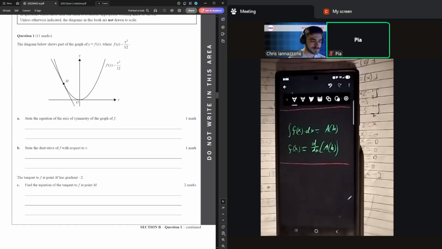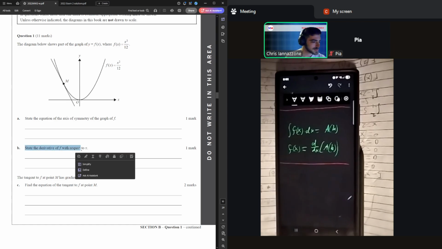Would it just be 0? Yeah, but I would say make sure you say x equals 0. That's the more accurate answer when you put it in there. But yeah, x equals 0 is what you're looking for. Nice and simple.